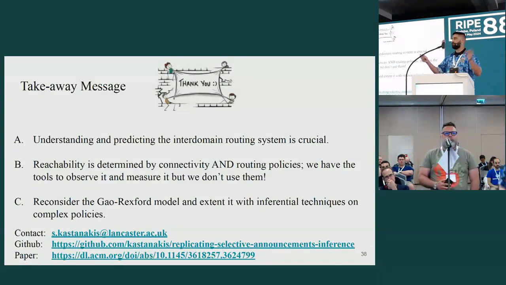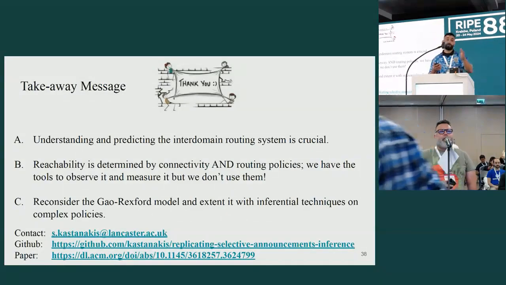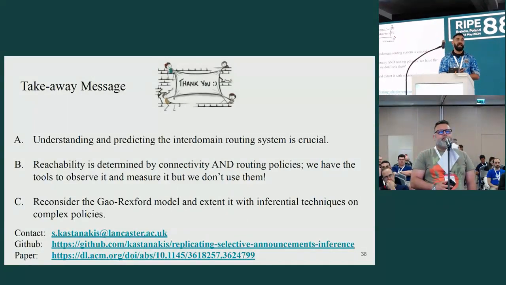Yes, of course, it's a very important piece of work, but we do not actually ask people about their routing policies. We observe them through looking glass servers. So even though surveying network operators is very important, we also have tools to automate this process rather than asking people in meetings and conferences.